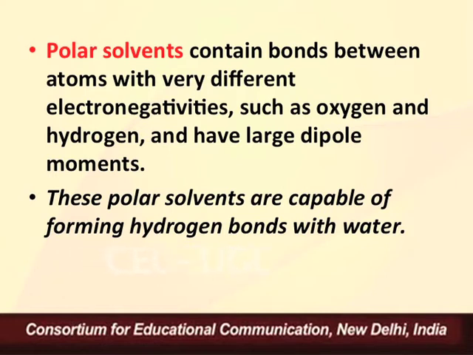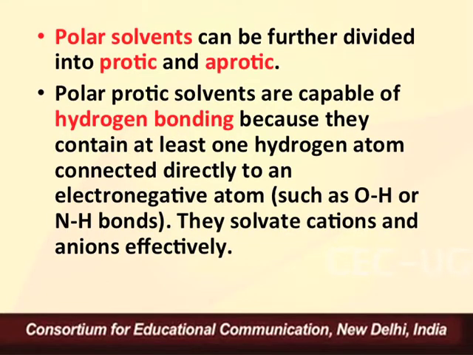Polar solvents contain bonds between atoms with different electronegativities, such as oxygen and hydrogen, and they have large dipole moments. These polar solvents are capable of forming hydrogen bonds with water. Polar solvents can be further divided into protic as well as aprotic solvents.